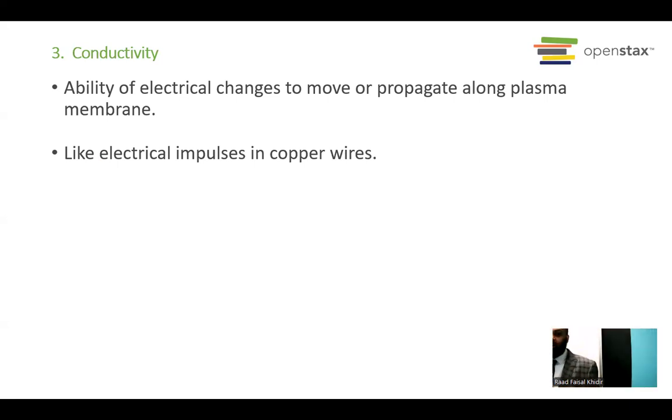Okay, the conductivity is the ability of the electrical changes to move or propagate along the plasma membrane, and we talked about that. We talked about the influx of sodium through the channels. You see, these are the channels, and this is your plasma membrane, and these are your phospholipid heads, and these are your tails.